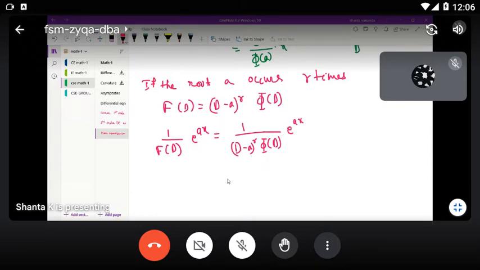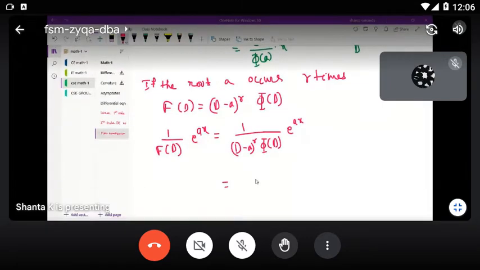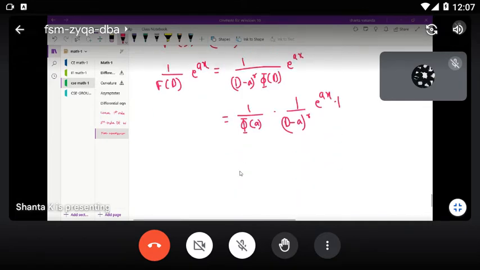Now the same process: phi of d will be replaced by phi of a, and d minus a power r remains. Similar process, we make the algebraic part 1, and d will be replaced by d plus a, similarly as we did in the previous one.